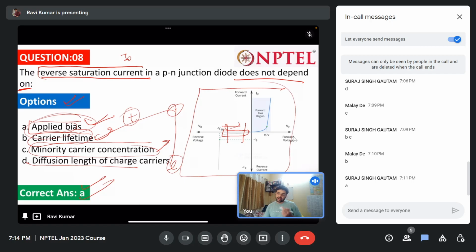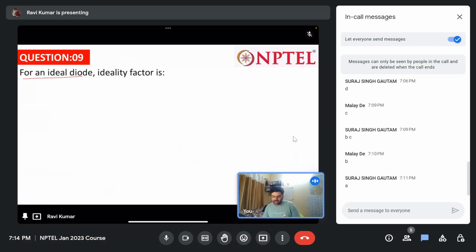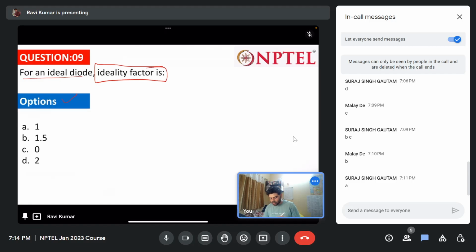Let's move to the next and last question, which says, for an ideal diode, ideality factor is, and these are the options, which is a very simple question, but you need to tell me one more thing. What do you understand by this ideality factor? Suraj saying B, 1.5.